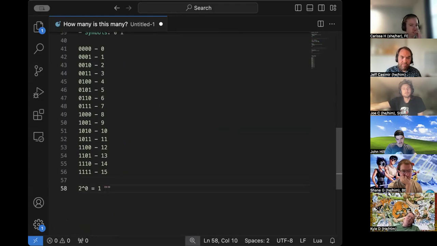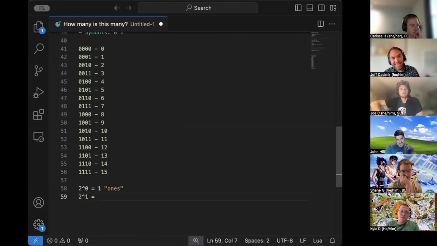So I guess we still have a ones place. 2 to the power 1, well, what is it? Well, you could say 2 to the power 1 in decimal is 2. So that would make it the twos place.